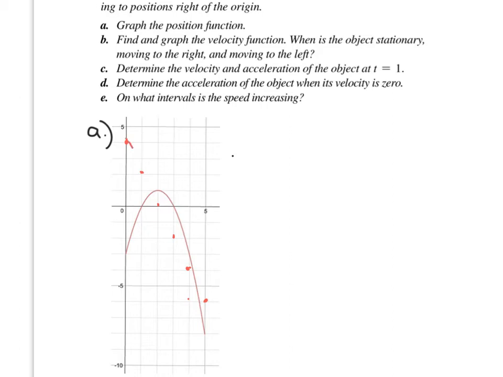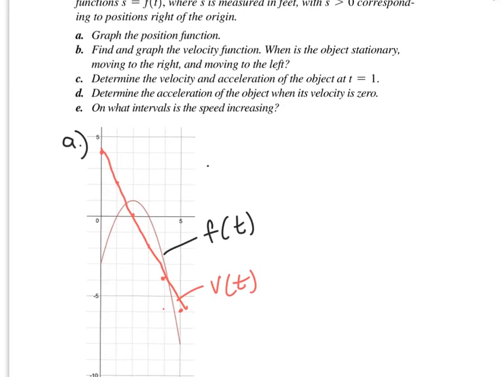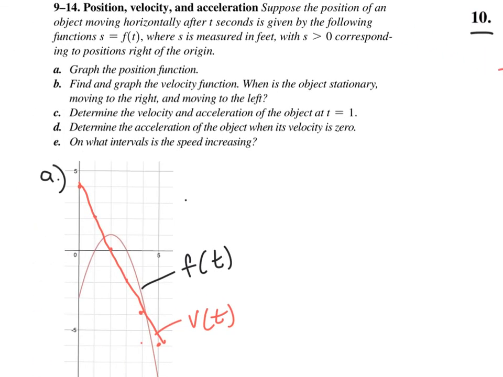I'm going to connect those dots, and that is my v of t. The first one, the parabola, that's f of t. Okay, find or graph the velocity function.